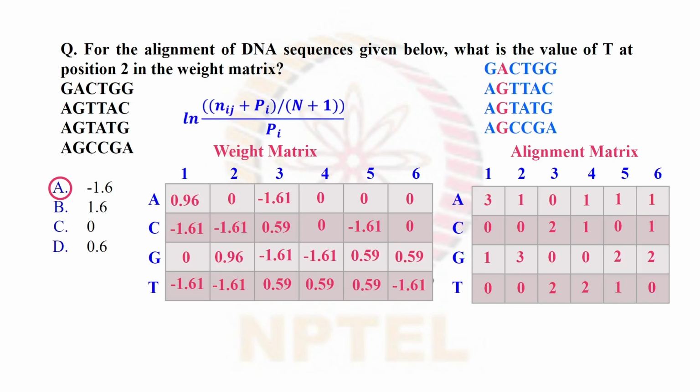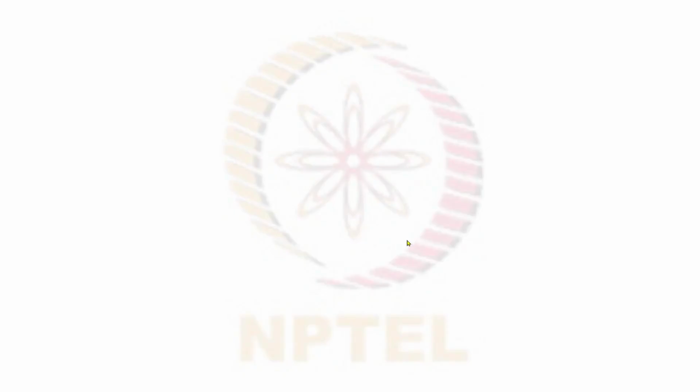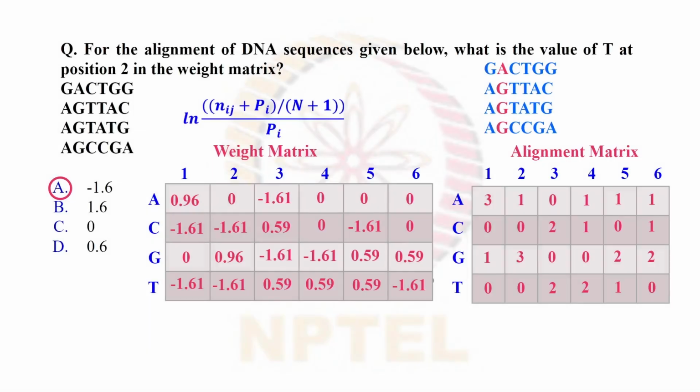Are we supposed to construct the whole weight matrix, alignment matrix, or can we straight away do that? In the previous example, I took only a single question and showed it. Here I want to show how a complete weight matrix is constructed. Okay, thank you.